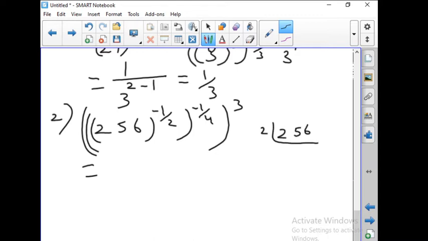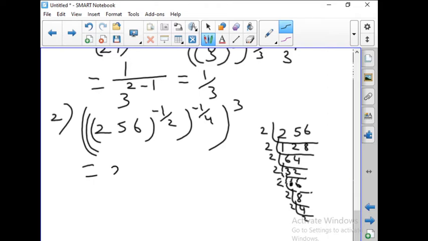Divided by 2, we get 128, then again by 2, 64, then by 2, 32, then 16, then by 2, 8, 4, 2, 1. All this you know. So how many times have you got? 1, 2, 3, 4, 5, 6, 7, 8.